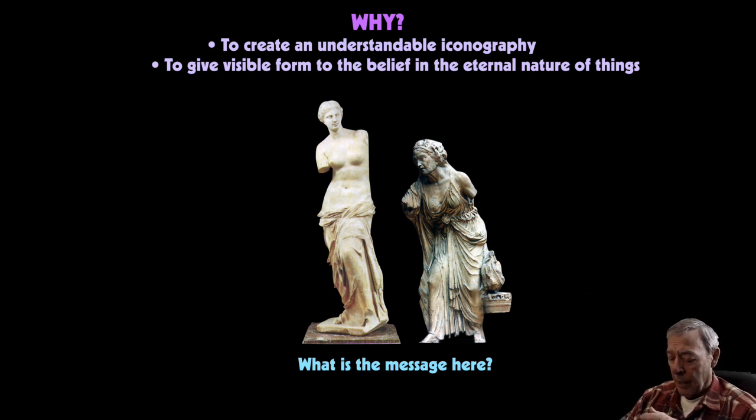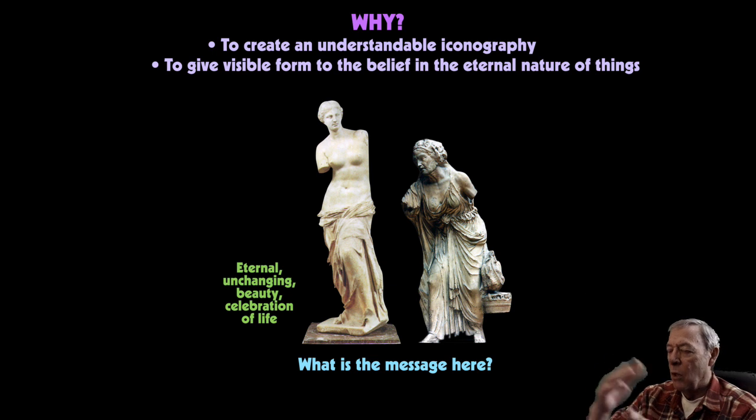Well, some suggestions that I could make relative to the Venus de Milo is maybe the concepts he's talking about here are the eternal, something that's unchanging, focusing on beauty, celebration of life, and doing that through this idealized, not realistic, idealized portrait. Okay, so this isn't a real woman, right? This is a symbol of the eternal changelessness of womanhood, let's say. So trying to represent a concept through this universally idealized figure.